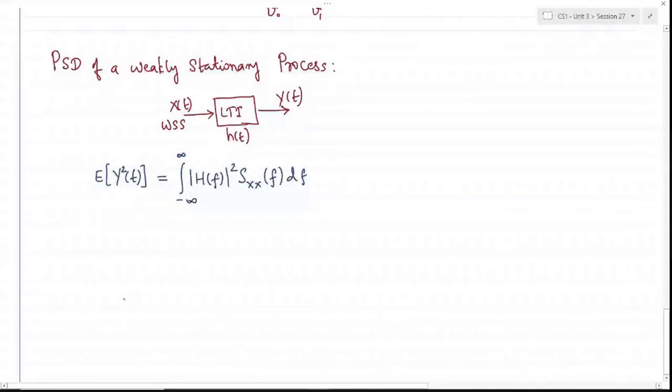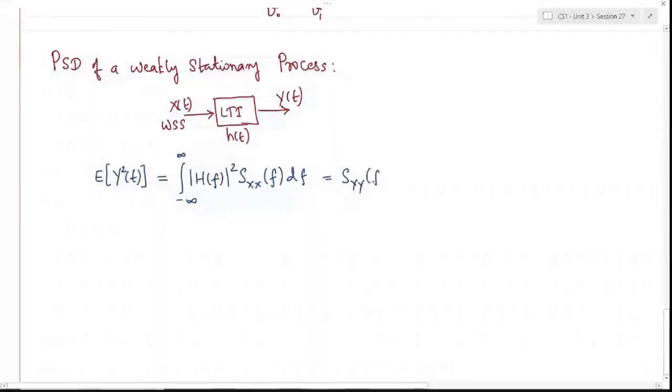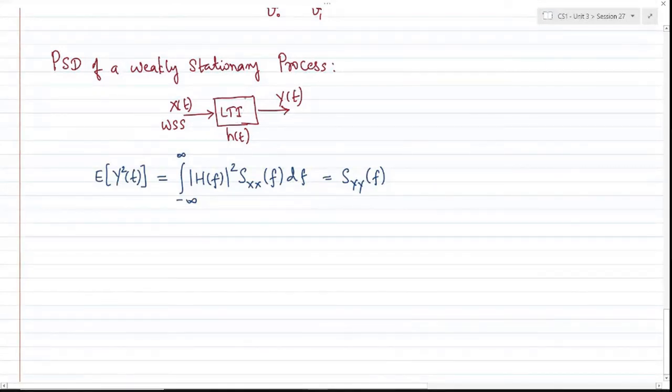This is nothing but S y of f. This is already known from the characteristics of the LTI filter, where if its input is wide sense stationary, the output will also be wide sense stationary, irrespective of the nature of the impulse response.